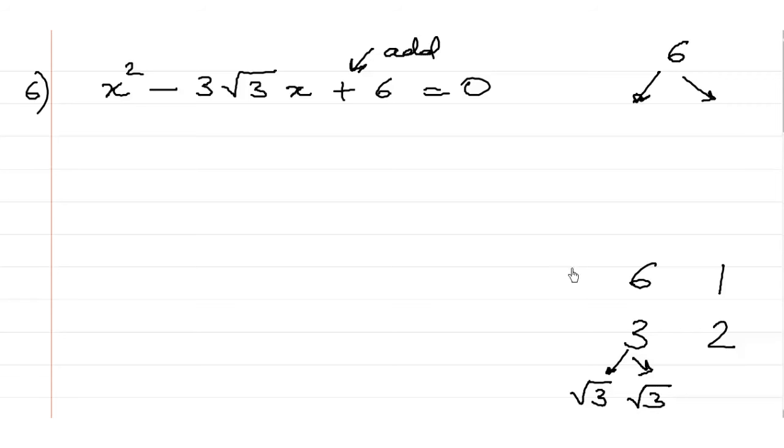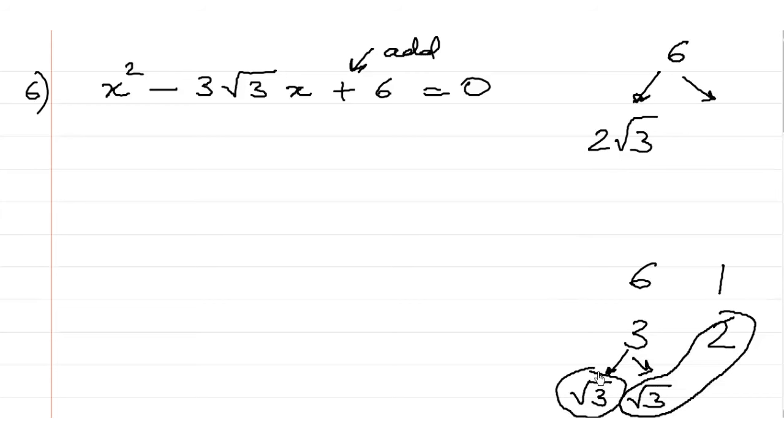We are going to multiply these two together, and that will become 2 square root of 3, and this square root of 3 will be left alone. So let's have a look. When we add, we get 3 square root of 3. Yes, 2 square root of 3 plus another square root of 3 is 3 square root of 3.